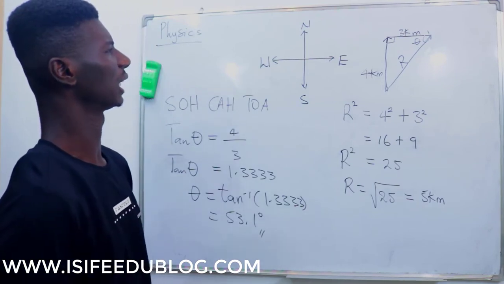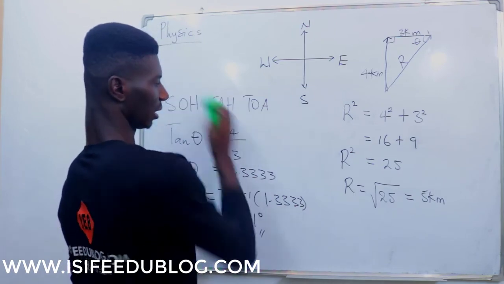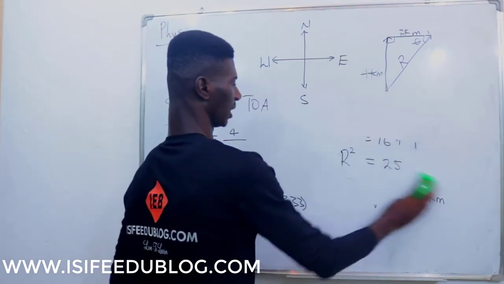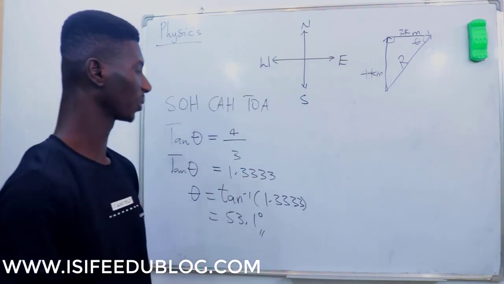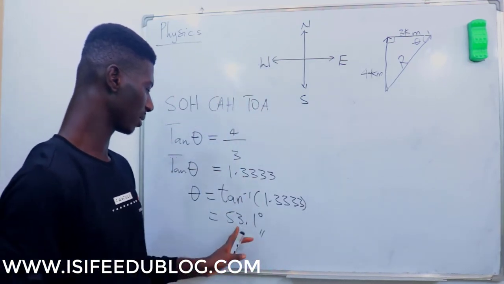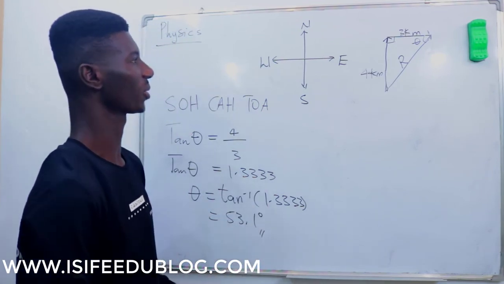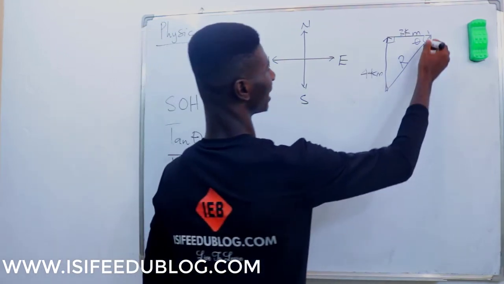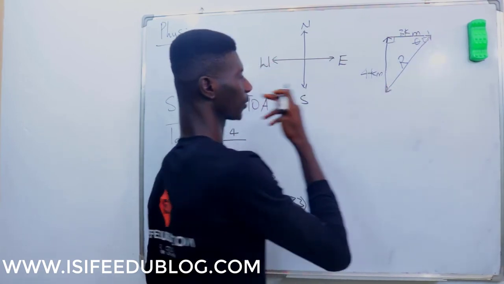Now, sometimes, Jamb will like to know this magnitude, where is it actually pointing towards? It depends on what you are picking it from.